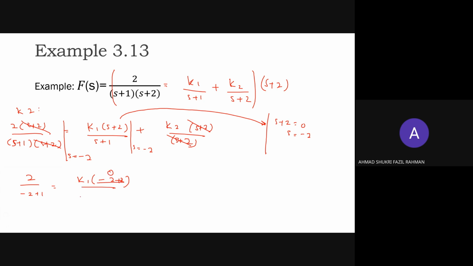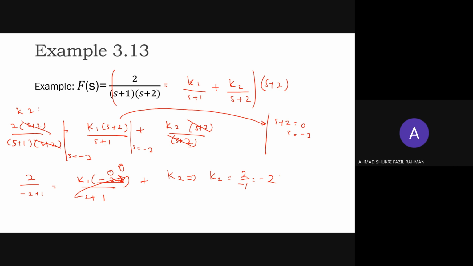So eventually everything will become 0, so this part becomes 0 and then plus K2. So K2 is equal to 2 divided by -1, so minus 2. So K2 would be minus 2.